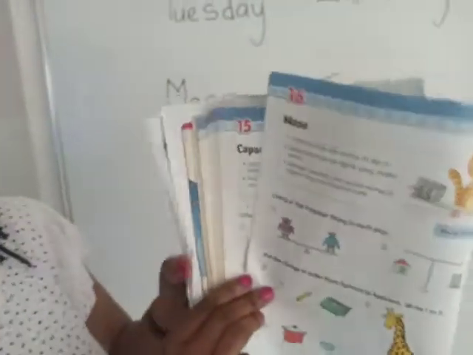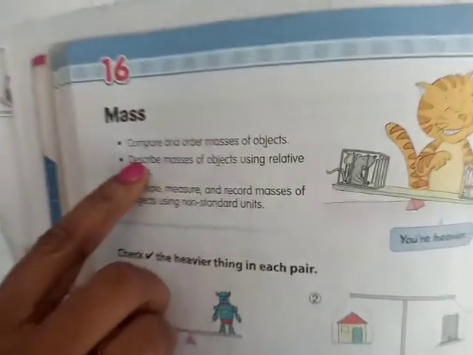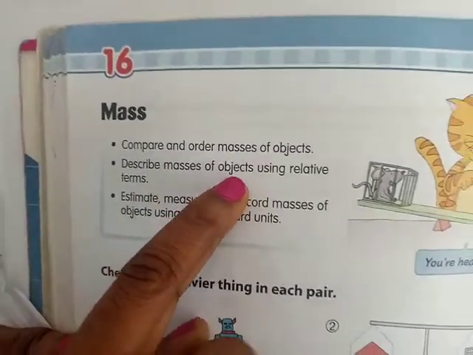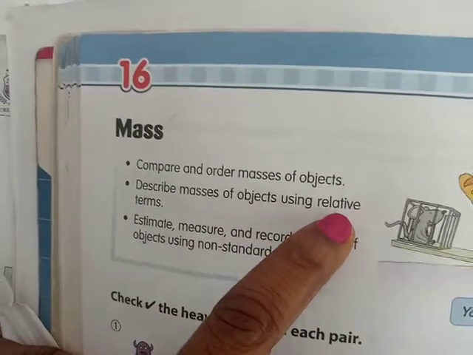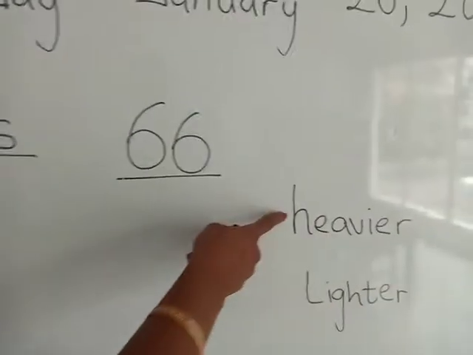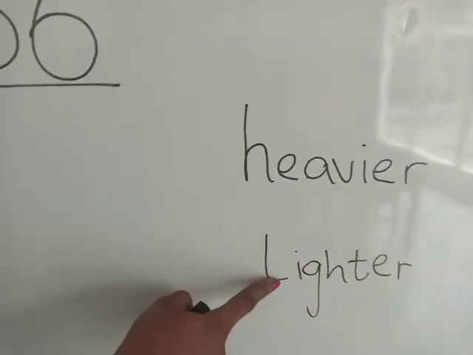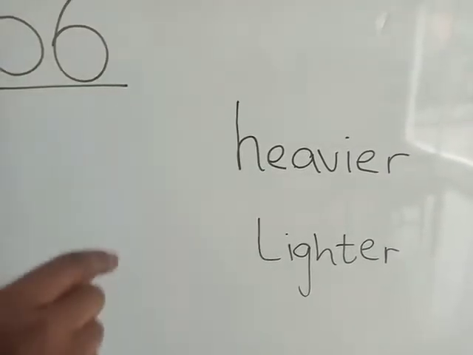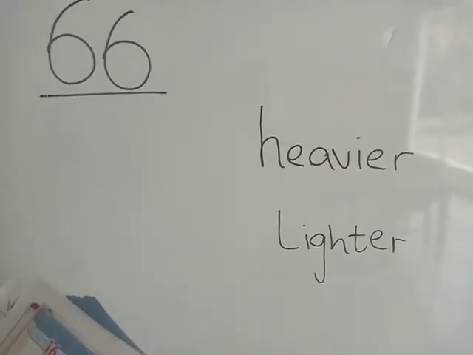And the second dot says, describe masses of objects using relative terms. Just like I said, we'll be using the relative terms heavier and lighter. These are the two terms we'll be using to describe masses of objects today.